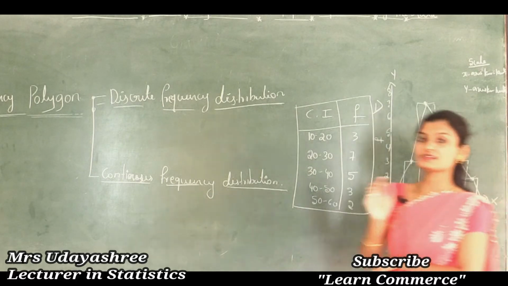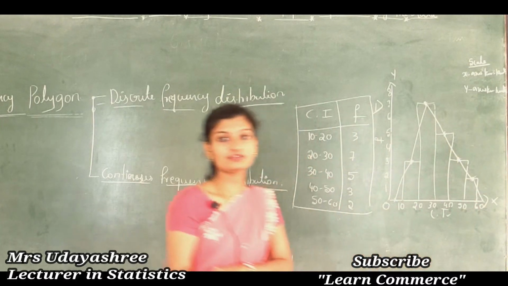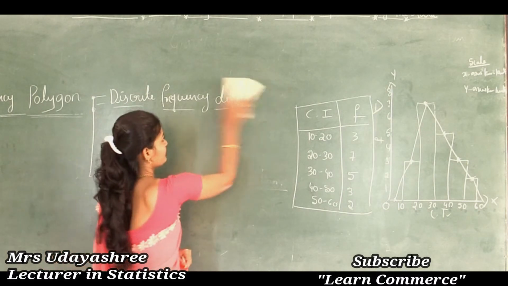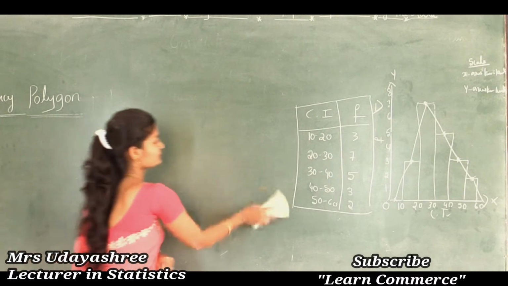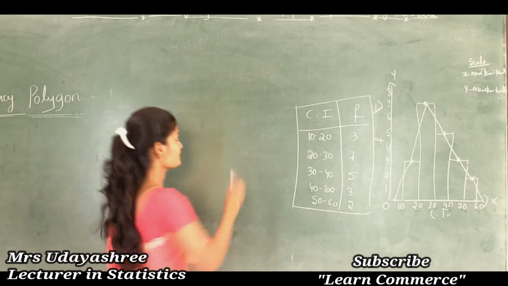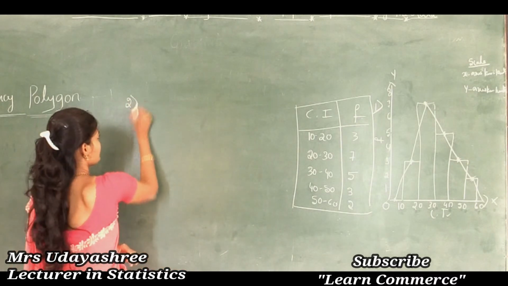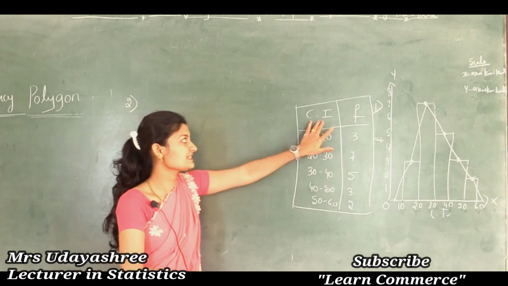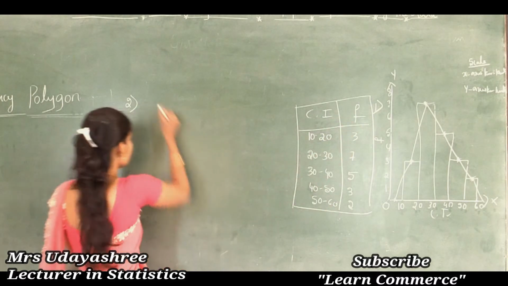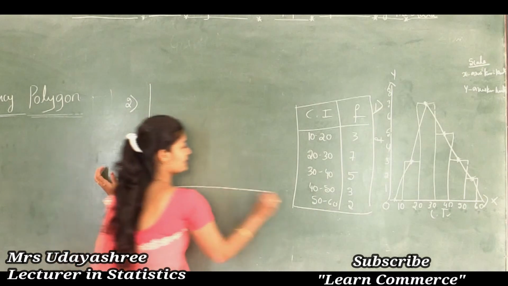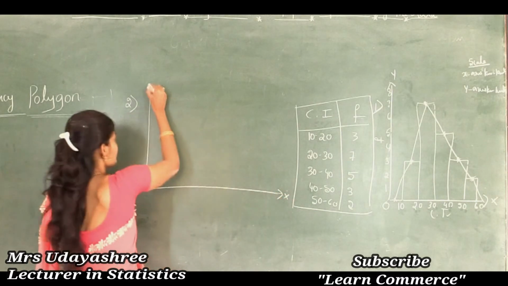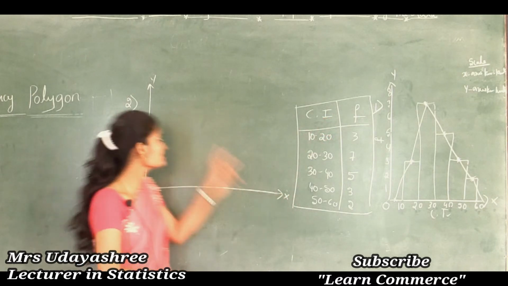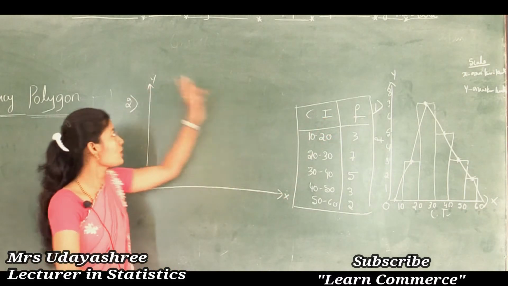Now let's discuss the second way of construction of frequency polygon in case of continuous frequency distribution. I will take the same example. So this is class interval and this is frequency. Here also this is x-axis and this is y-axis, and here the class interval goes along the x-axis and the frequency along the y-axis.